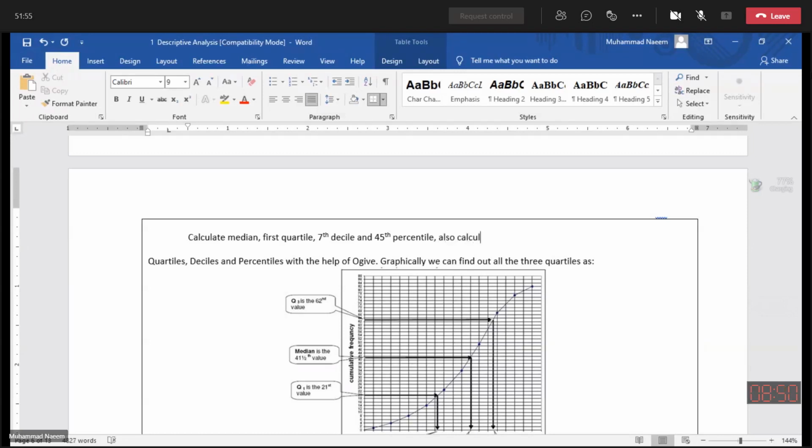Also calculate the mode. In the previous case, when we have ungrouped data, mode is the most frequent value. That will be the mode. Maybe there is no mode, but if some value has comparatively more repetitions, that will be the mode.